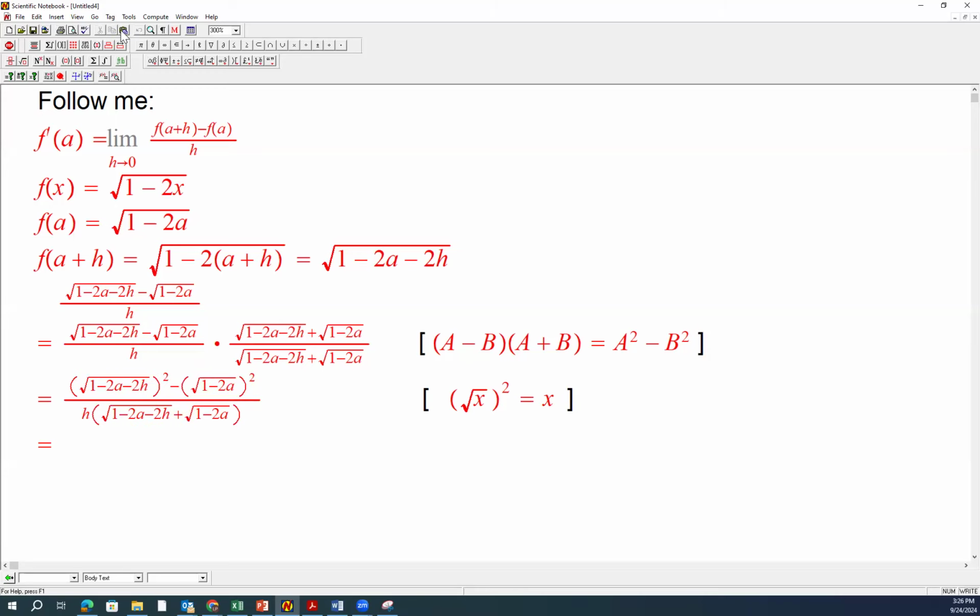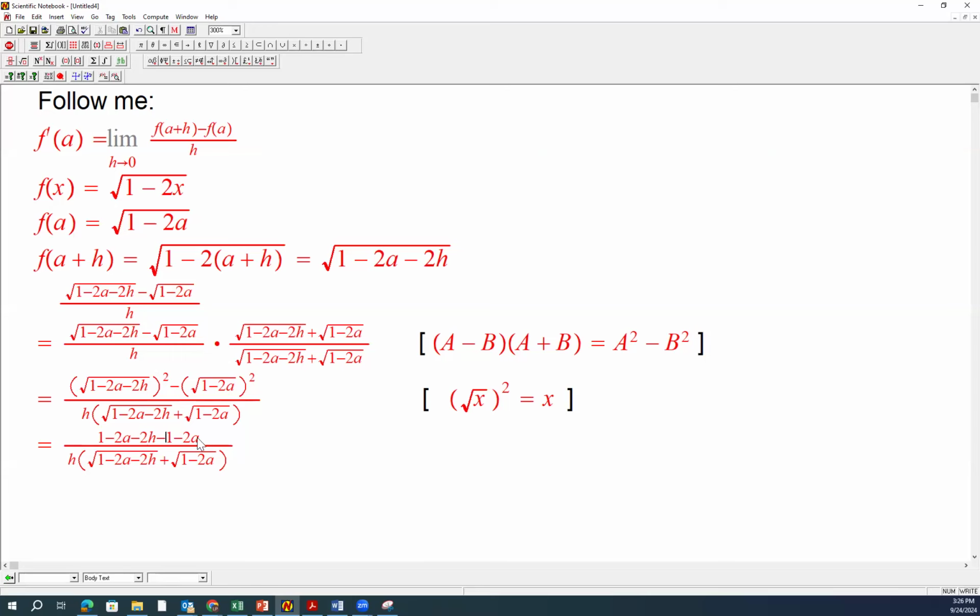So the first one, right? So this piece, we just have the inside left. And the next one is just 1 minus a, right? Root of something squared, right? So replace it. Be careful.